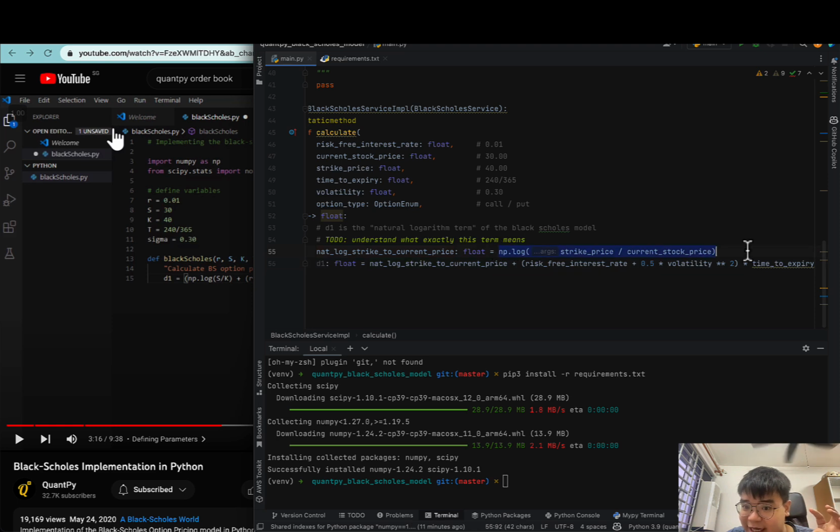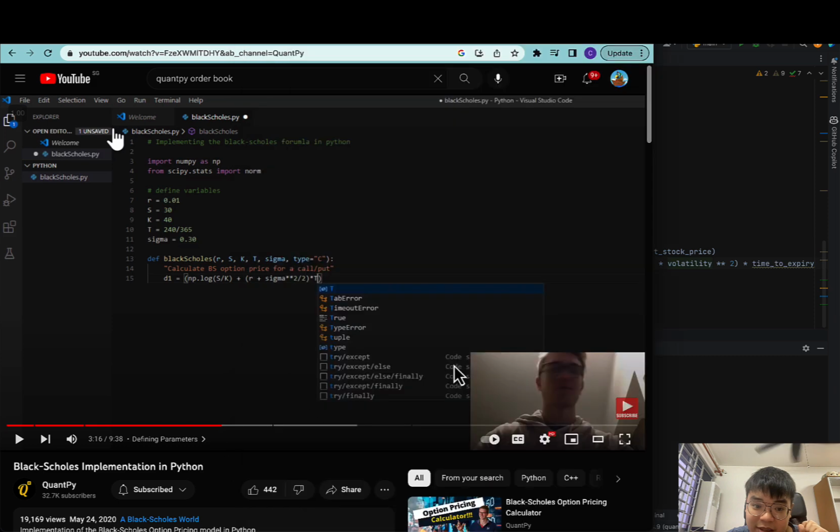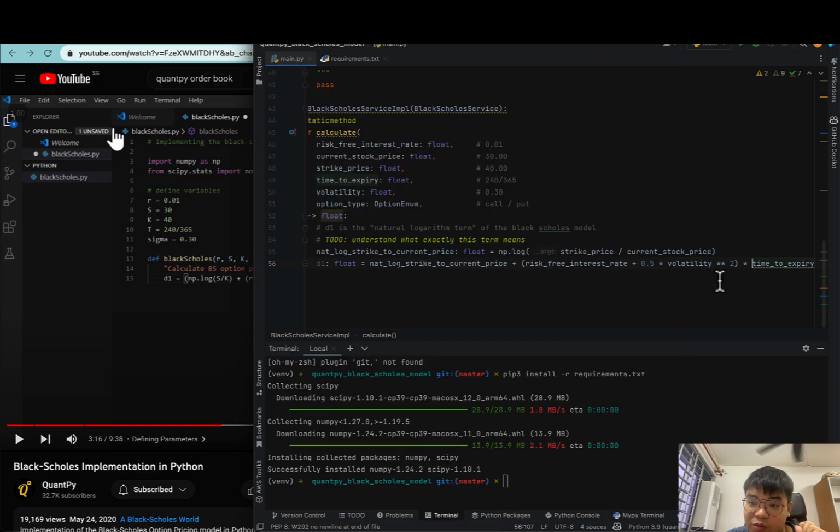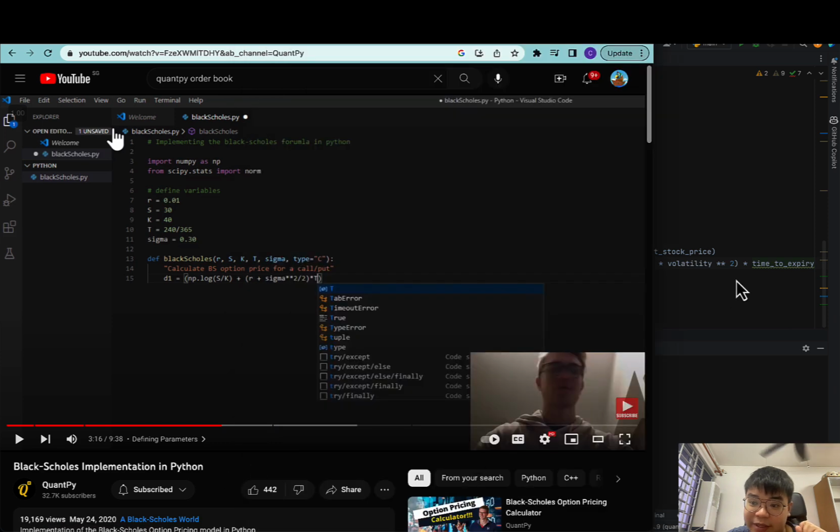The first term is the natural log of strike price over current stock price. Okay. And we add that with the risk-free interest rate, and together with volatility squared divided by 2, and we multiply it by time to expiry.